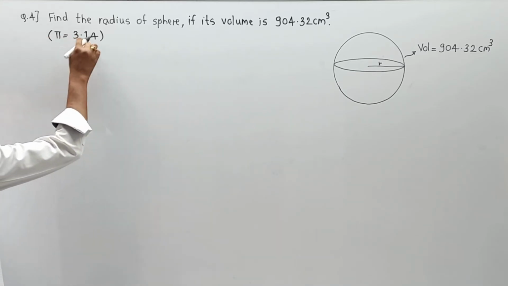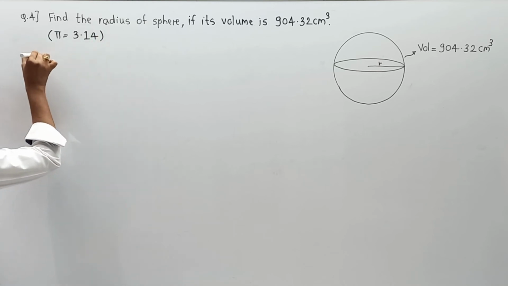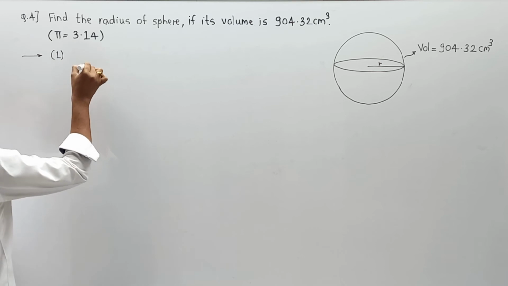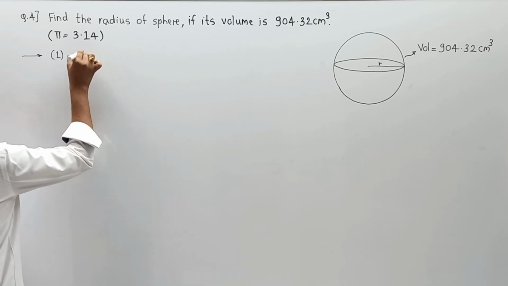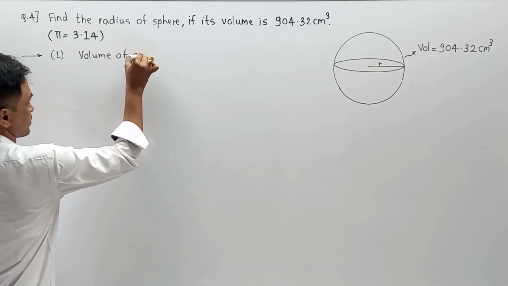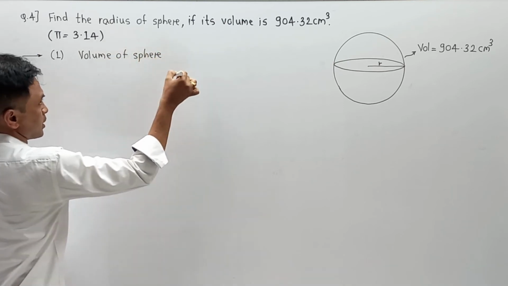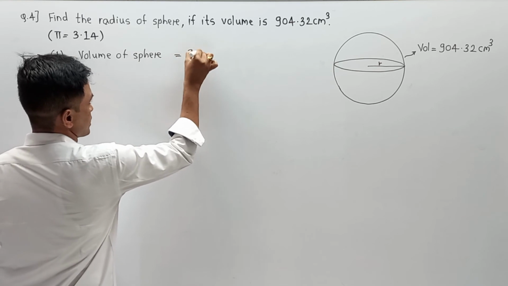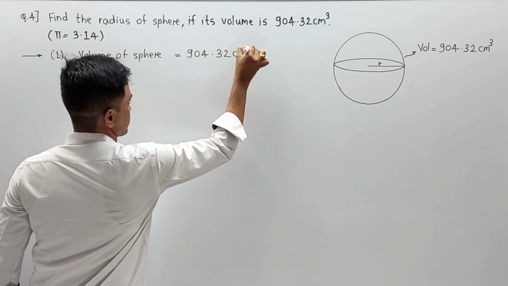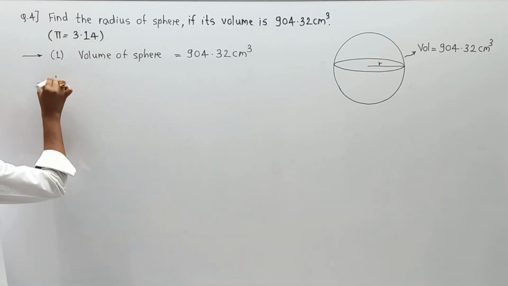Here they have mentioned pi as 3.14. So, for calculation, volume of sphere is equal to, they have given it as 904.32 cubic centimeter. Now simplification in terms of formulae.